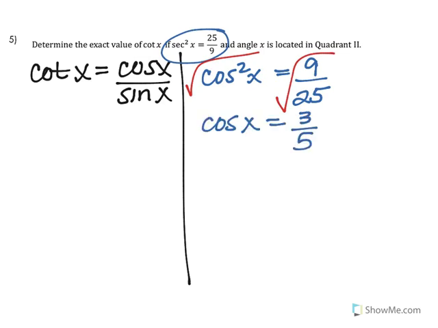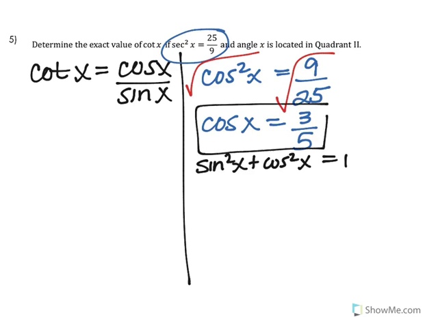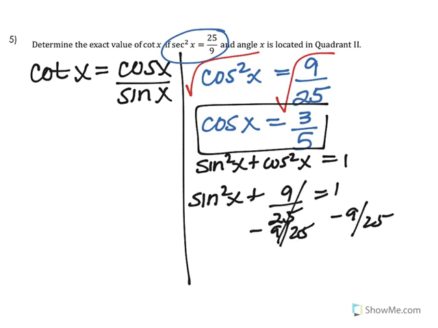So I'm going to use my Pythagorean identity again. And if I plug in for my cos squared, well, I guess I didn't really have to figure out that cosine x equals 3/5 because I'm going to plug back into cosine squared anyway. But I'm probably going to use that later. So sorry, this is late as I'm making this. All right, sorry about the little mess up there.